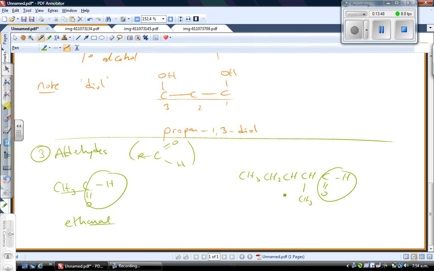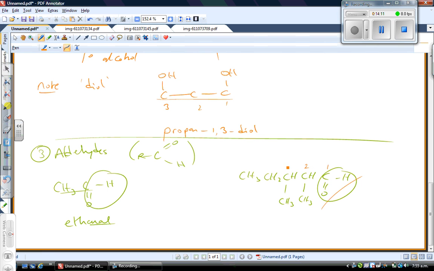You have a methyl group on here, and you have a methyl group stuck on here. Now here's a point to make when you're dealing with compounds which have a carbonyl carbon. Students often ignore this carbon when they're numbering, and if anything, this carbon is the most important because this is the functional group which gives it the family name, therefore it should get the lowest number and priority when numbering.